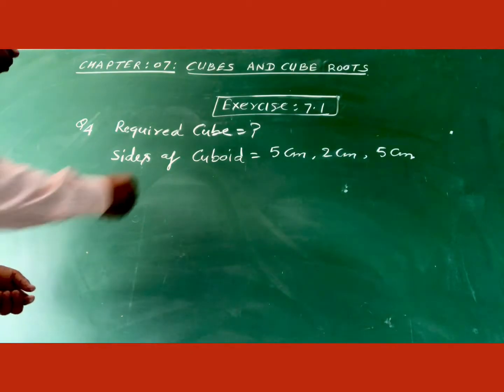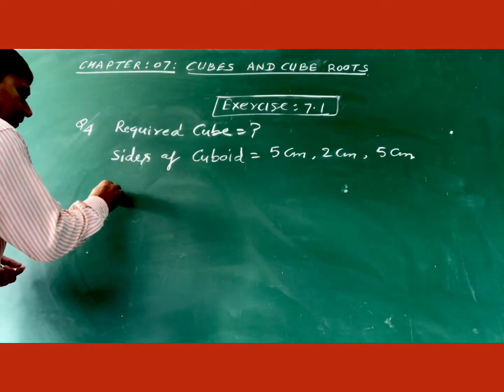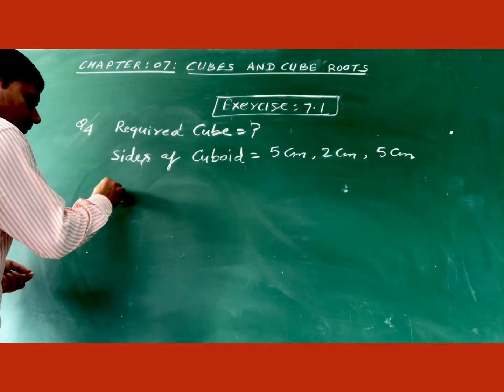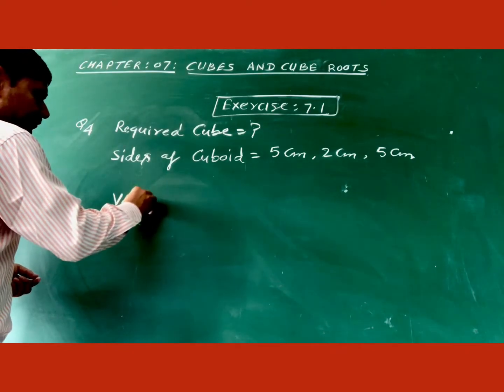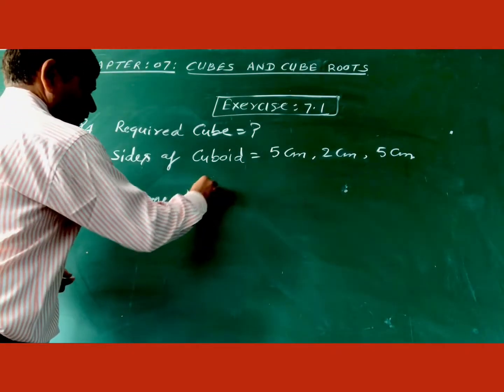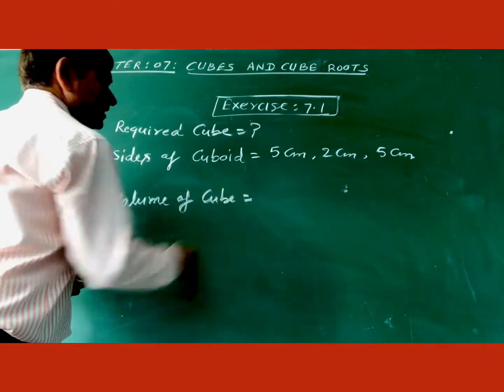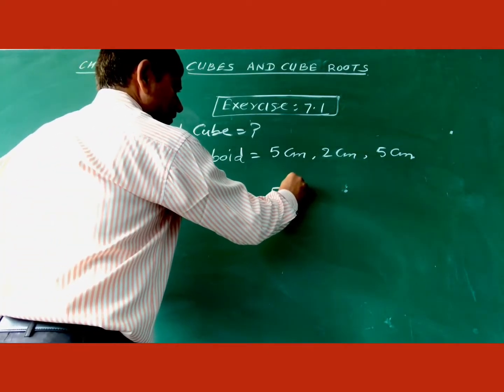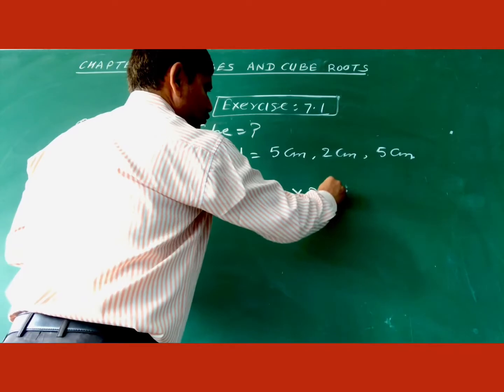So dear, you can write this as the volume of the cuboid, that is, 5 into 2 into 5.